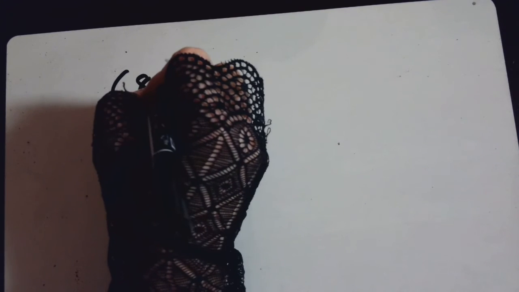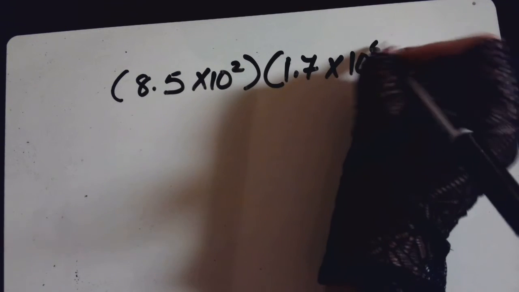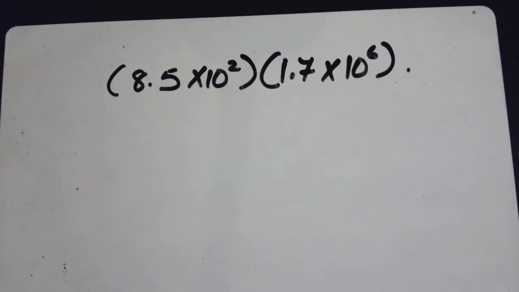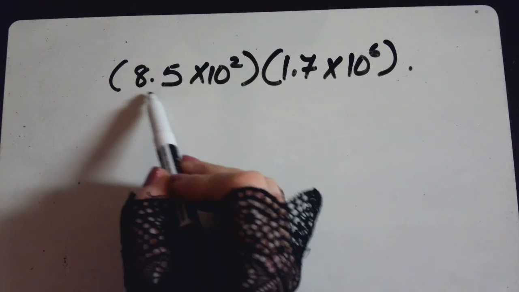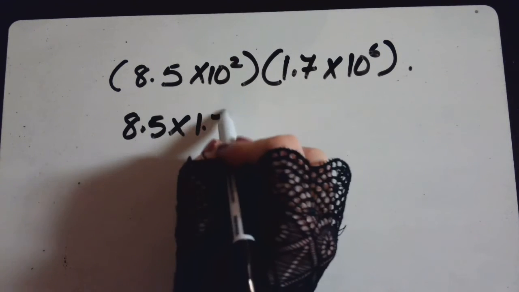Compute with numbers in scientific notation. So here's sometimes where you're going to have to multiply. 8.5 times 10 to the second power multiplied by 1.7 times 10 to the sixth power. All right, so you're going to multiply 8.5 times 1.7.